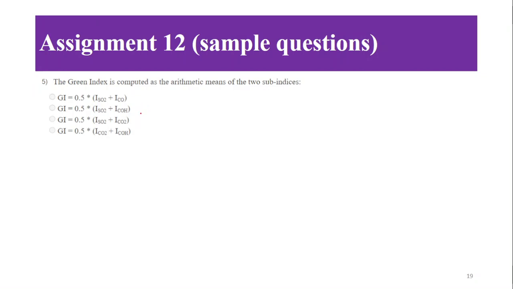Can anybody give me the answer for this? Okay, so the correct answer here is the second option, SO2 and COH. It considers the subindices of SO2 and COH.